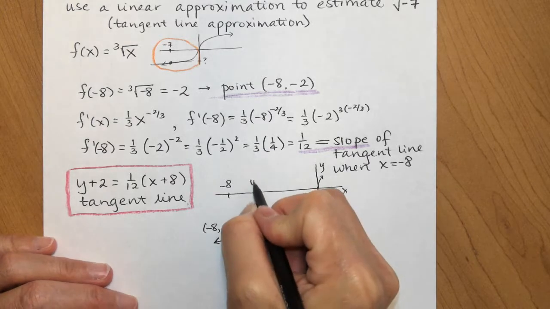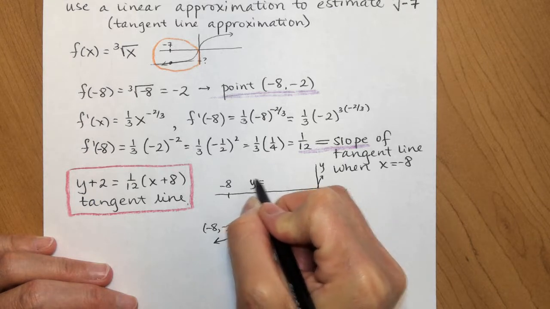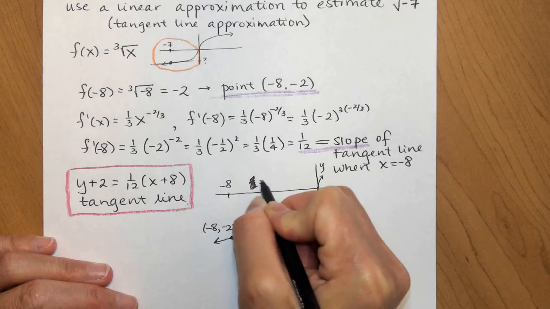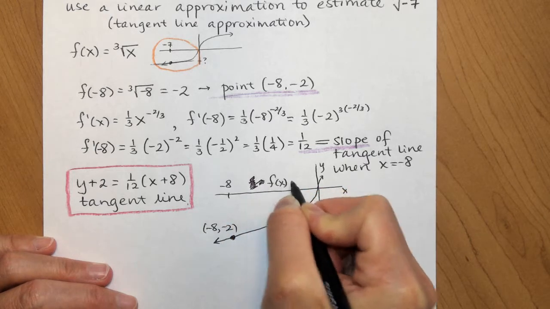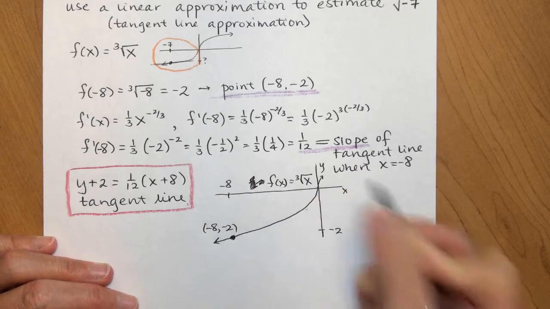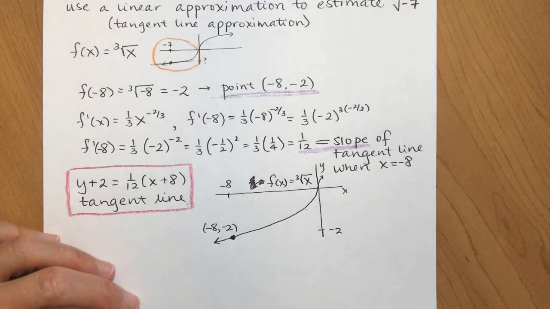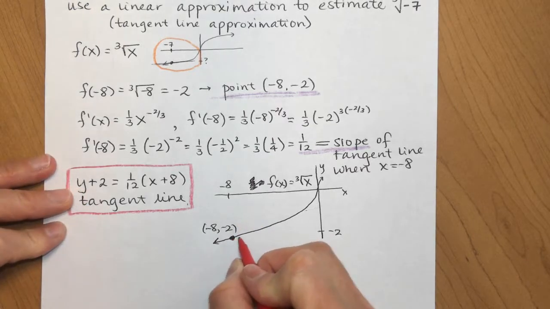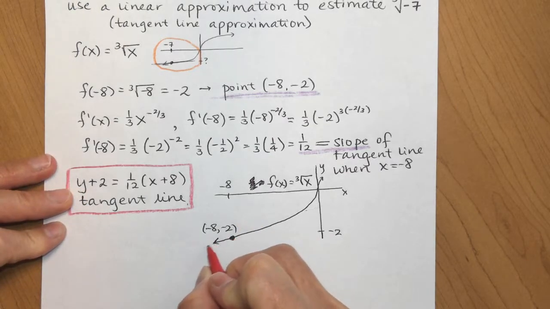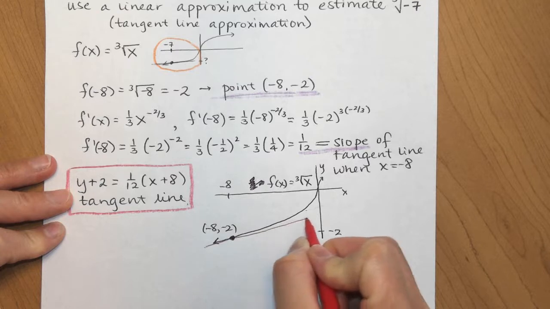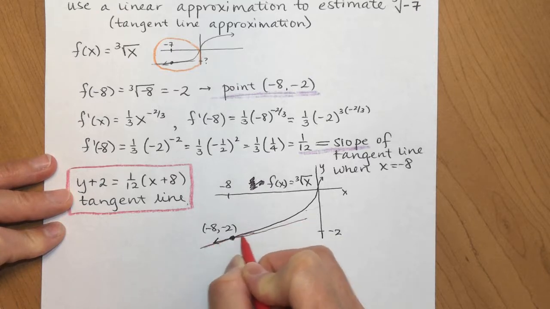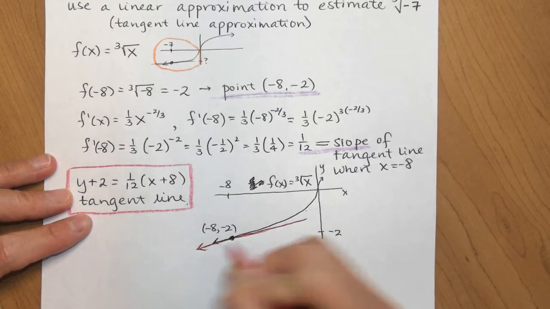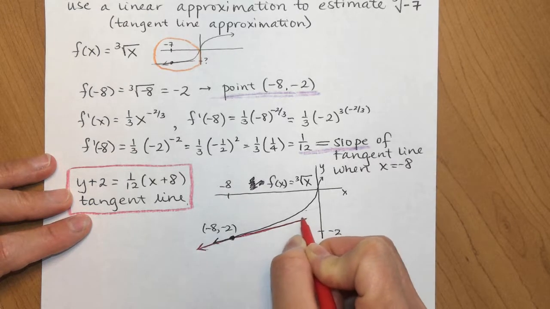Sorry, we'll just say f of x is the cube root of x. So that's the graph we're looking at right here. And I just found the equation of the tangent line right here at this point, which looks like this. So let's say this is my tangent line right there.